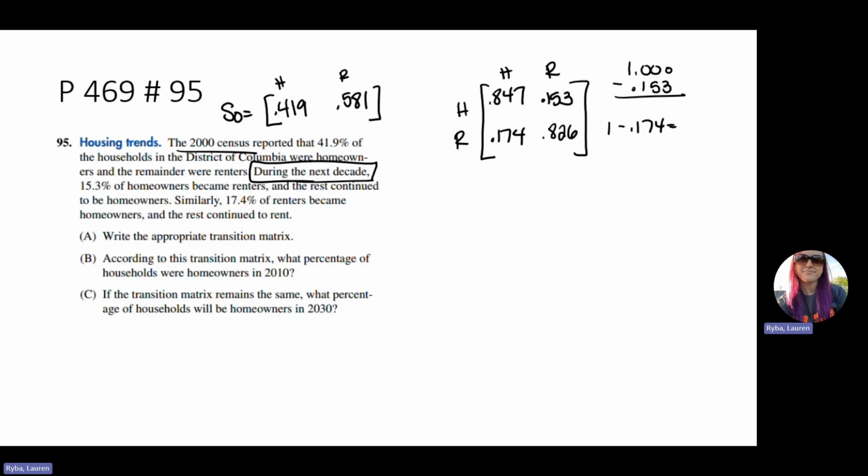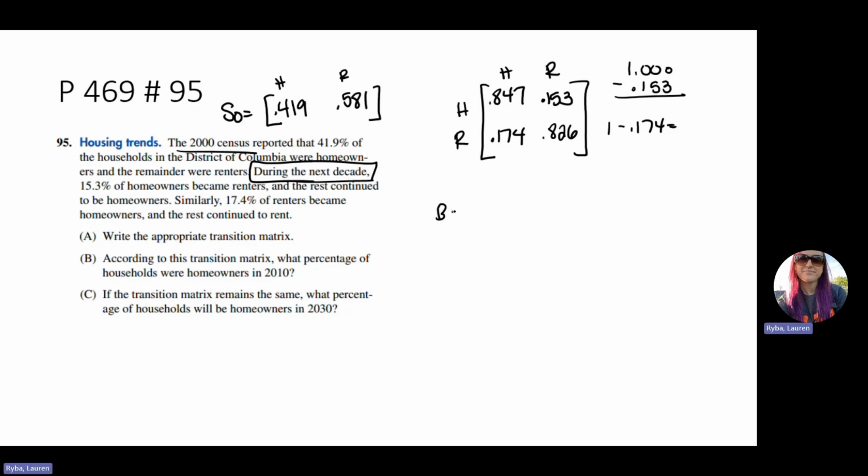Were you guys able to get your initial state matrix? 0.419 and 0.581. And then the transition: 0.847, 0.153, and then 0.174 and 0.826.